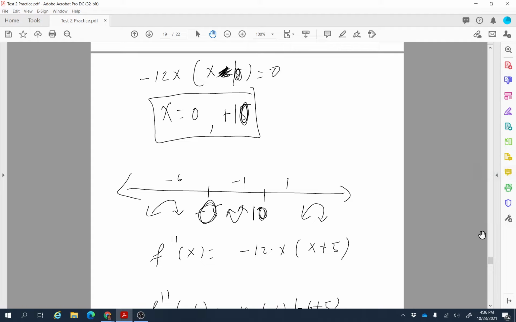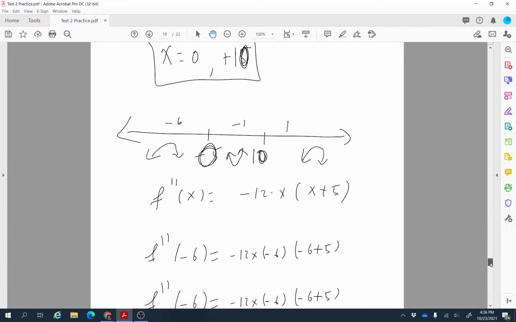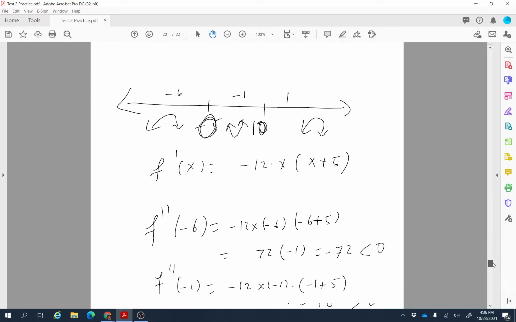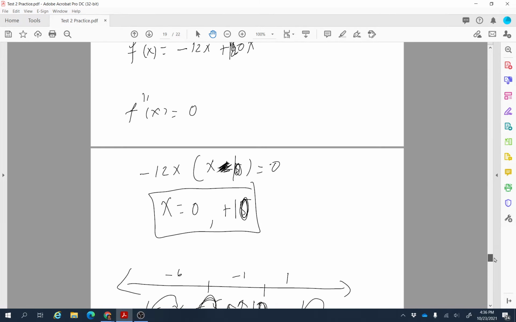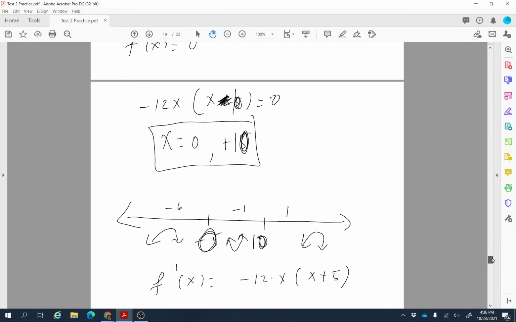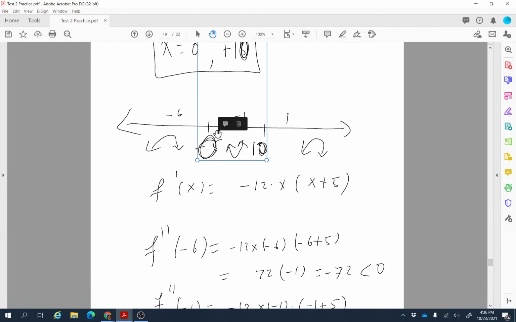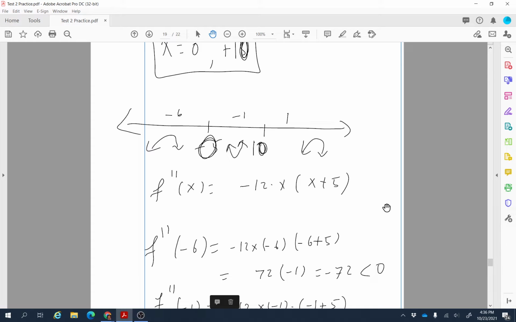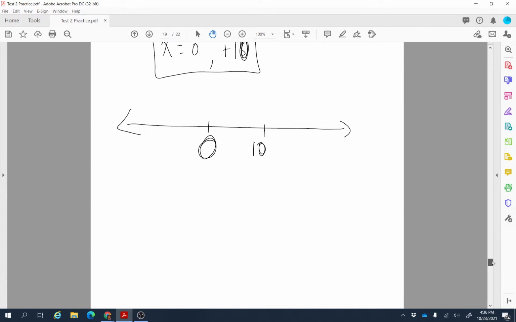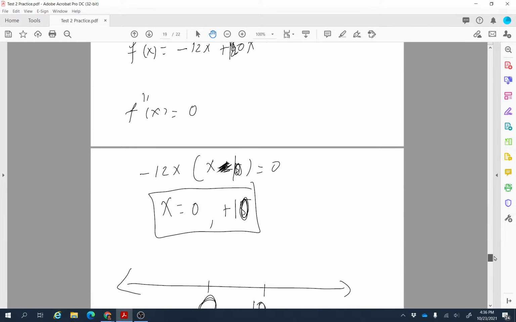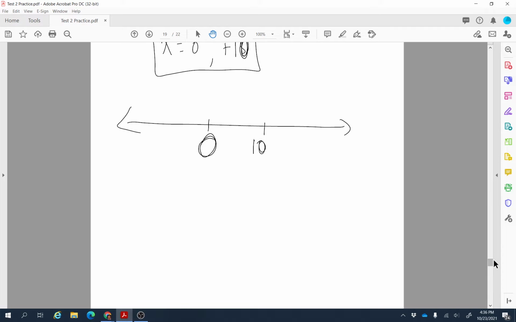So from 0 and 10, okay, let me redo it. It's a lot of work. This is the very same idea you are going to repeat, so let me just delete everything from here. So 0 and 10, find the testing points.